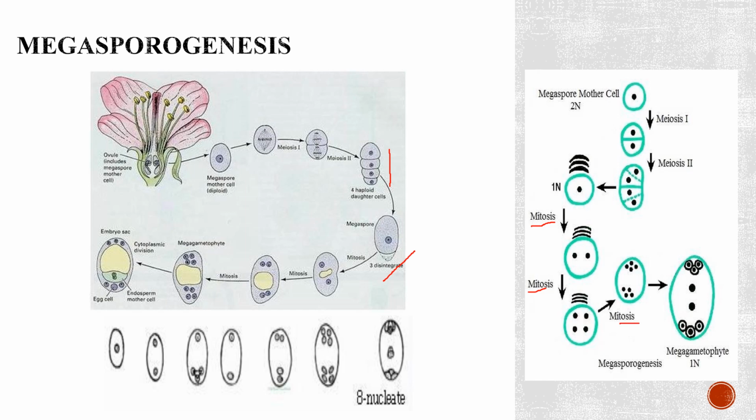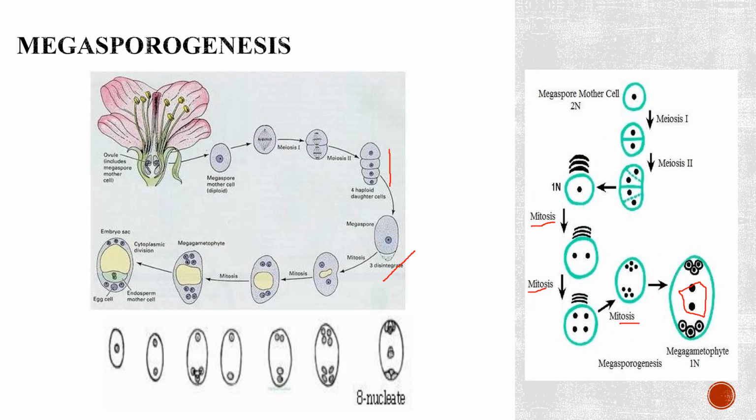Finally, one nucleus from each group moves towards the center. They are called the polar nuclei. These two polar nuclei are shown here in this diagram. Soon cell walls are laid down and 7 cells are formed.